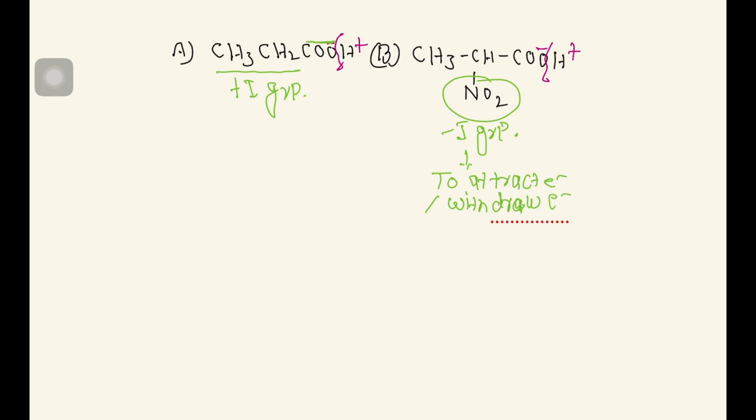So here negative charge decreases, and from this one easy removal of H plus will take place. So which one is good acid? B is good acid, or simply B is more acidic than A, because of easy removal of H plus.